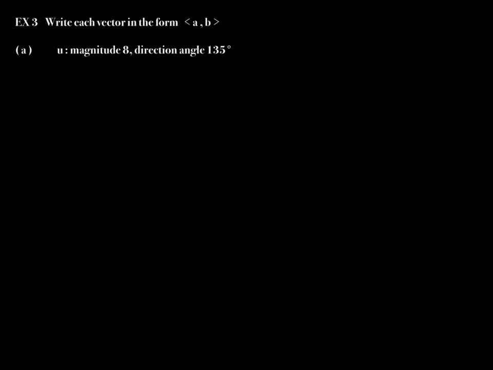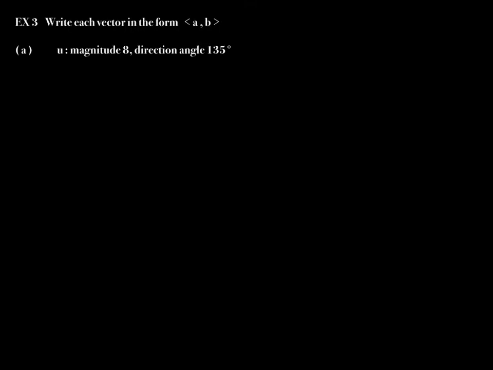All right, check out the next one. Write each vector in the form A comma B, special vector notation there. This first vector, they've given you the magnitude as 8 and direction angle 135 degrees. 135 degrees is in quadrant 2. That tells me that the horizontal component is going to be negative and the vertical component will be positive.